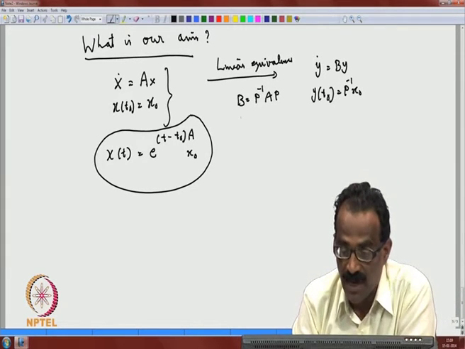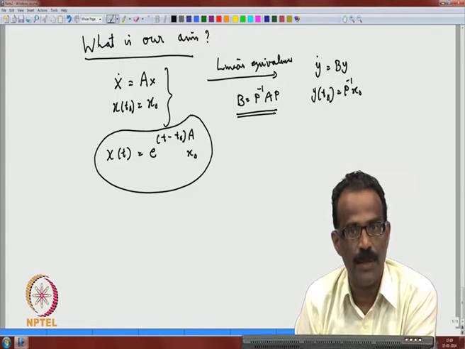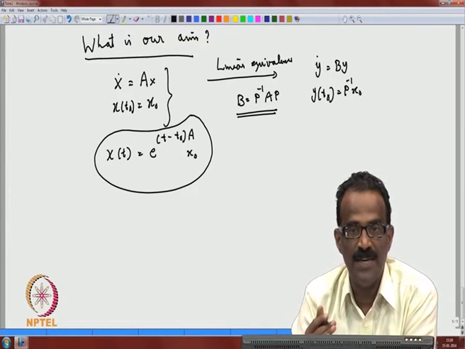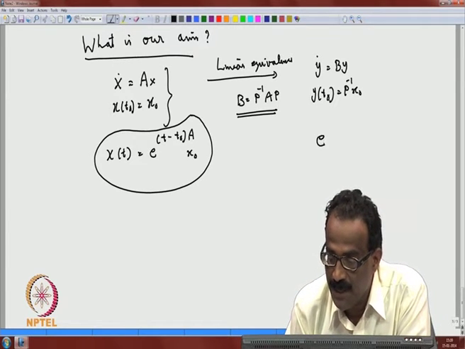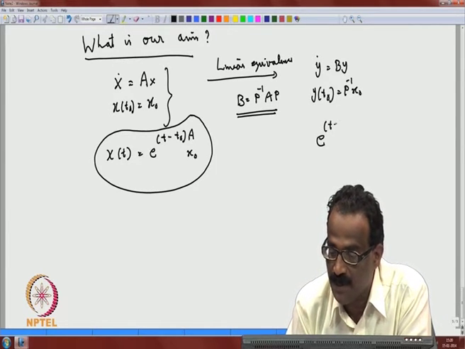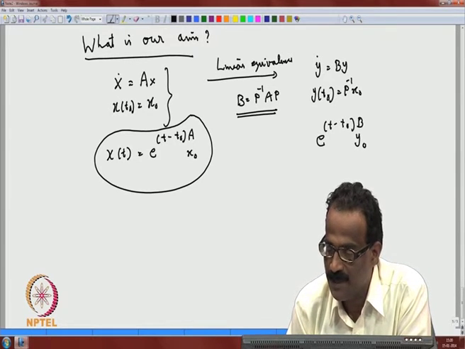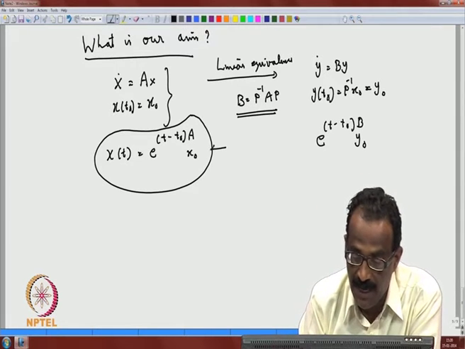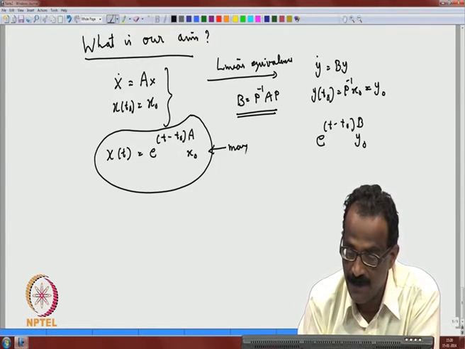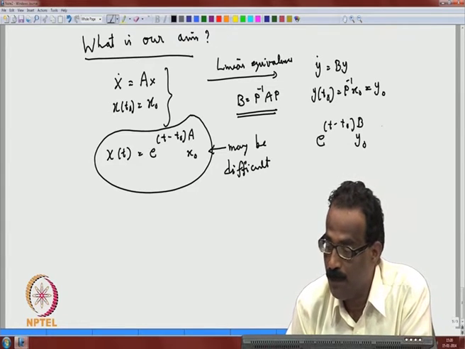Suppose you are able to transform this under linear equivalence, you look for a linear transformation so that the computation of e power (t minus t naught) B into y naught, this is called y naught, may be easy, this may be difficult, probably easy.